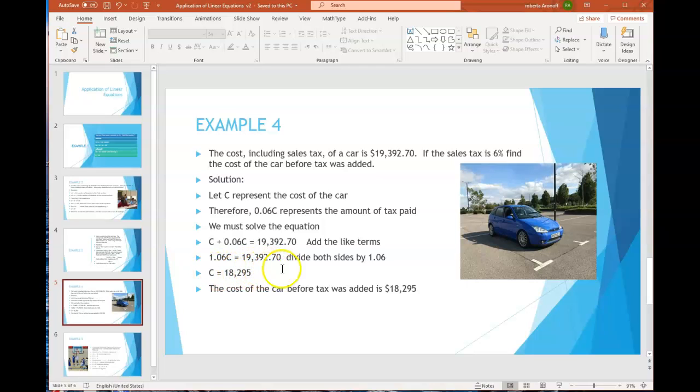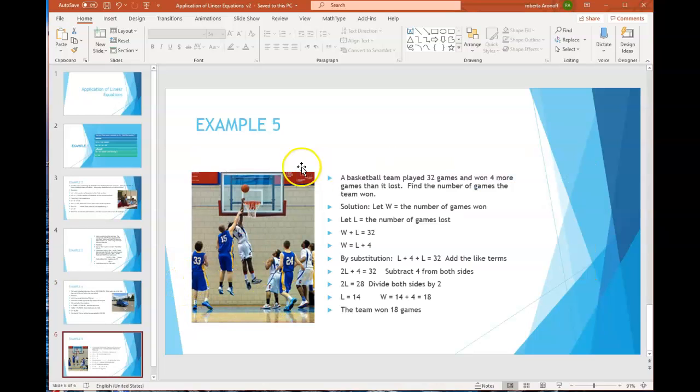We're going to divide both sides by 1 and 6 hundredths, and therefore C is equal to 18,295, which tells us the cost of the car before tax was $18,295.